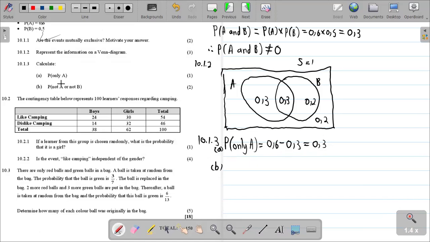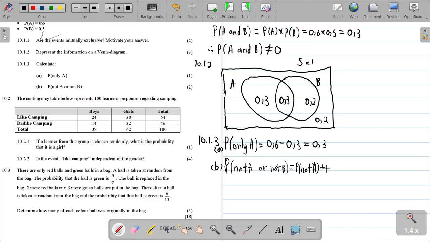Then the probability of not A or not B. So the probability of not A or not B will be equal to P of not A, so this is the formula, isn't it?